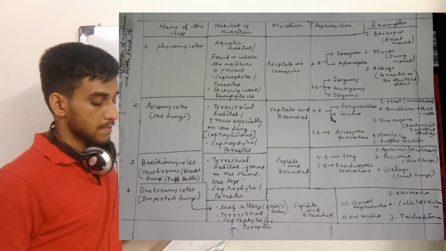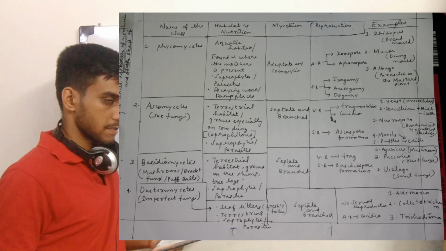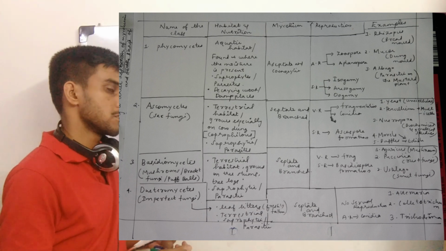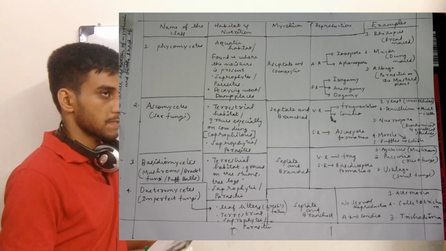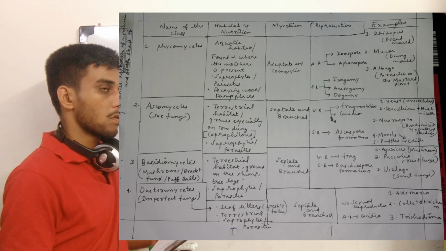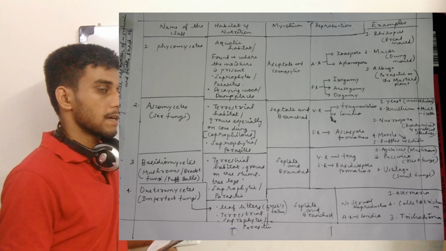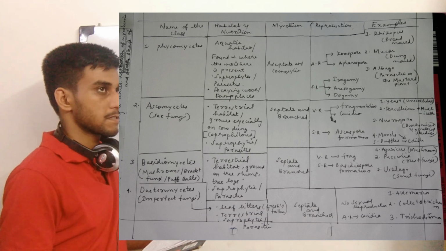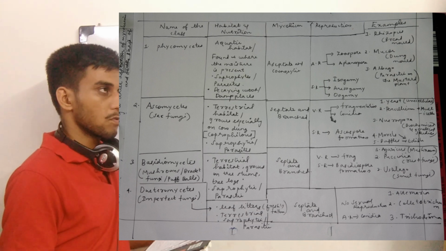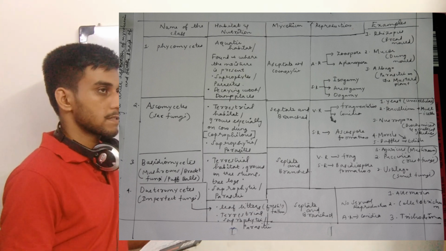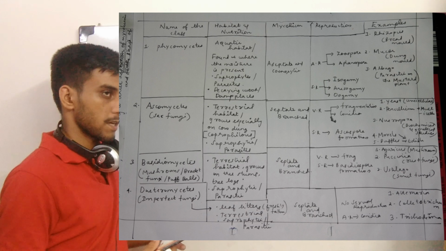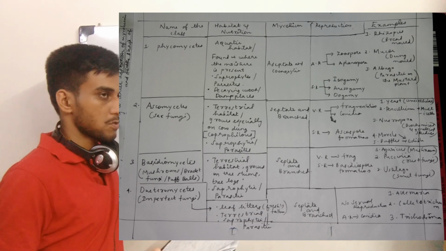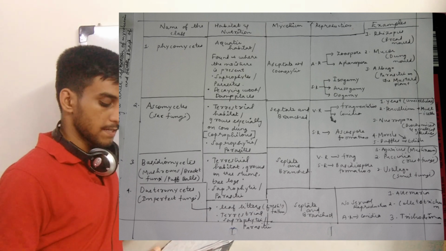Okay, next, the last fungi group, which is known as the Deuteromycetes. Deuteromycetes are known as imperfect fungi. Why is their name imperfect fungi? Because they only show their imperfect stage, which is known as the asexual stage. They do not have a sexual stage, thus they are known as imperfect fungi or fungi imperfecti.